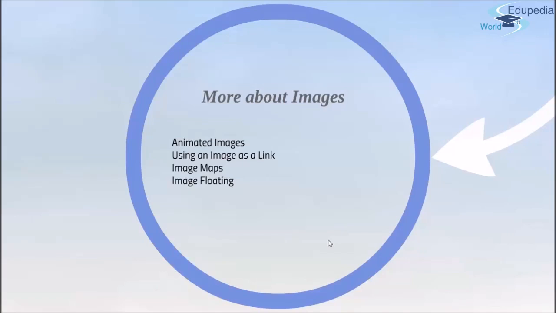You only need to put the URL and it's done. You will have your animated image in your web page. Now, let's skip to using an image as a link. This topic is pretty simple also. I will explain here the syntax, and I will explain it much more in the next video of the course, which is called HTML links.